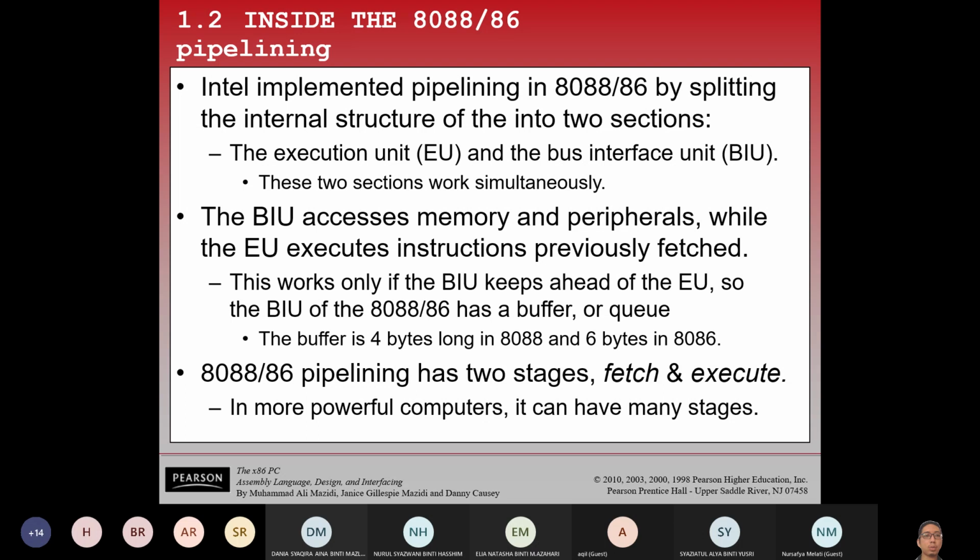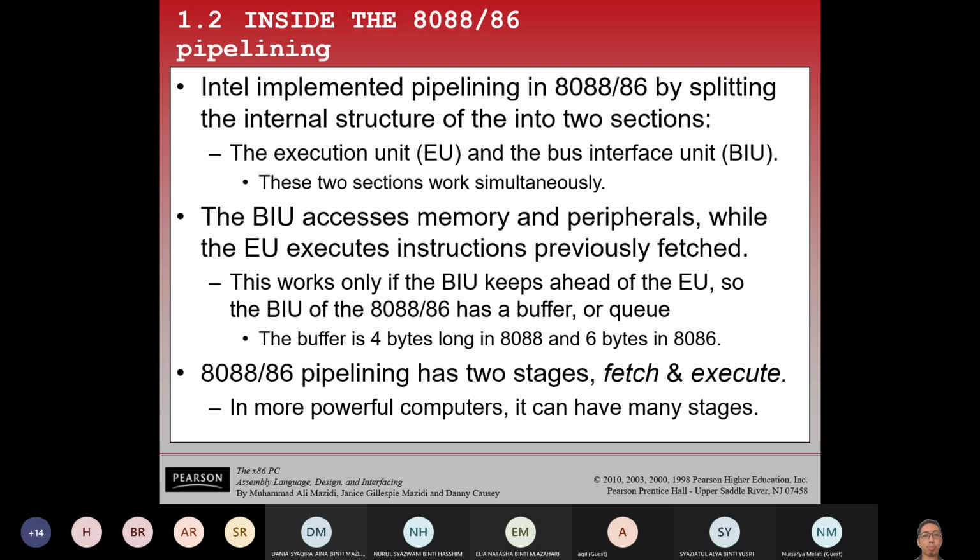The way the 86 does the pipelining is by splitting into the EU, the execution unit, where you have the registers, and the bus interface unit. So they're separated into two sections. We can call this the change of the architecture.